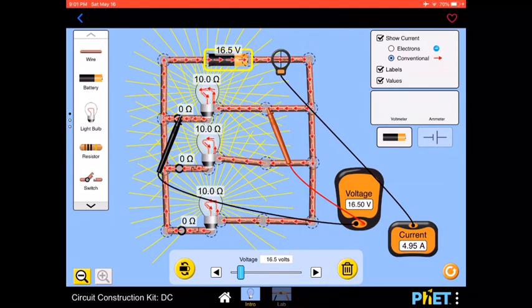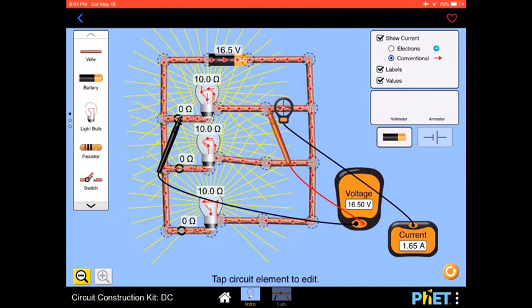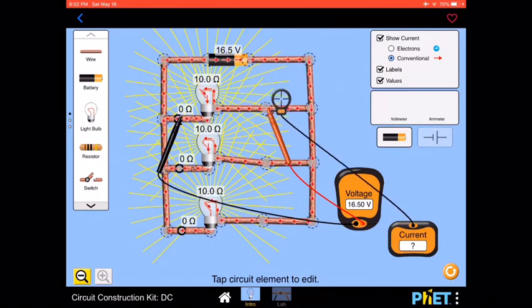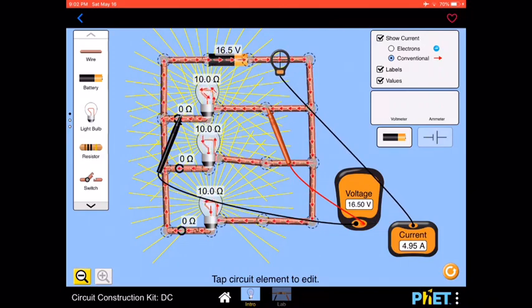I've changed the battery voltage to 16.50 volts. What has happened to the current in each of the branches? It's 4.9 in total. It would be 1.65, 1.65, 1.65. It divides. So that would be the current in the circuit.